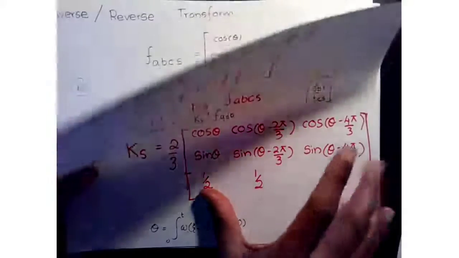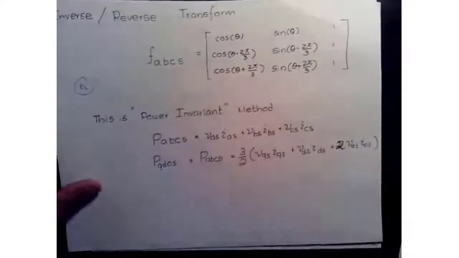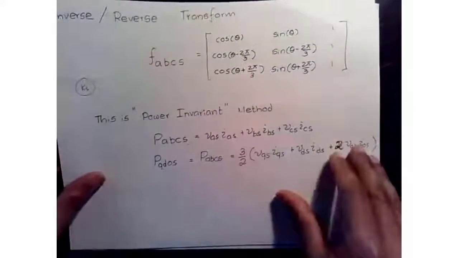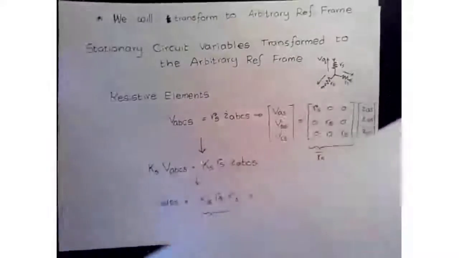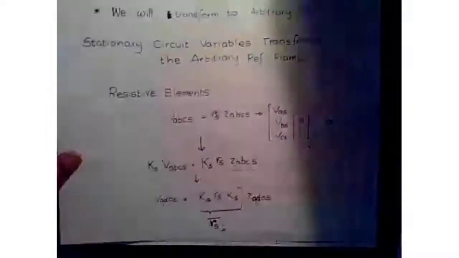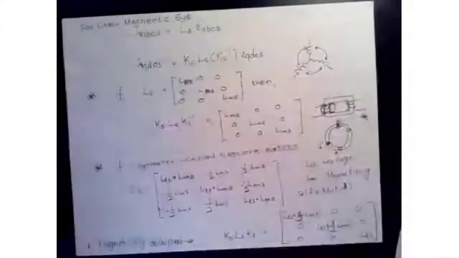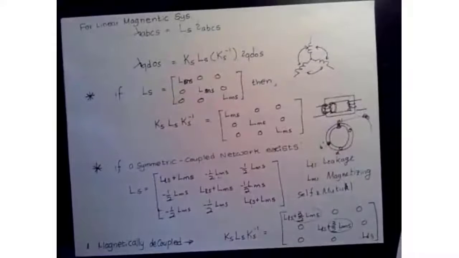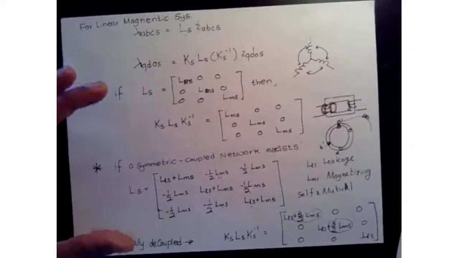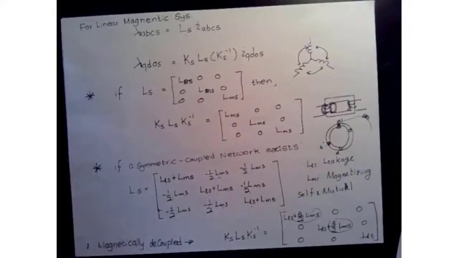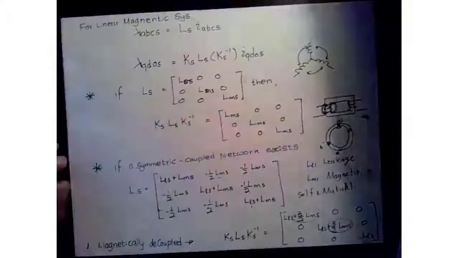We call this the power invariant method, and we said we can use that transformation to convert resistive elements, voltages, inductances, and what else? Linear magnetic circuits, and transform those variables into this arbitrary reference frame. Okay, arbitrary reference frame.